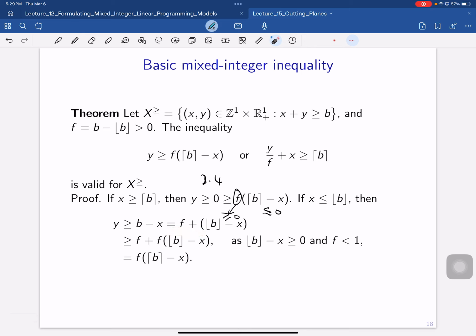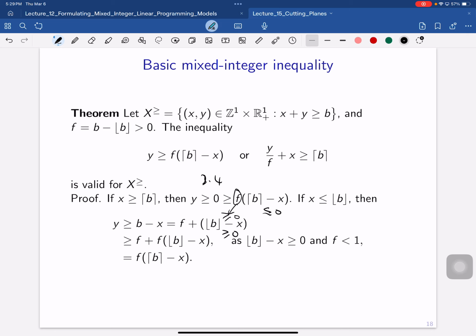That's by definition, this equality is true. Okay. Then let's see, the floor of b minus x is greater than or equal to 0, right? Because x is less than or equal to the floor of b, right?